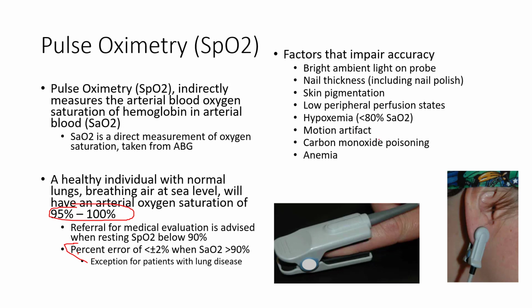That's why an ear probe might be better during movement. If you're really concerned, these devices will often have a little waveform that lets you know whether the signal you're getting is accurate. If the waveform is not present or irregular on the monitor, that would indicate that it's inaccurate. And then obviously anemia and other conditions too.